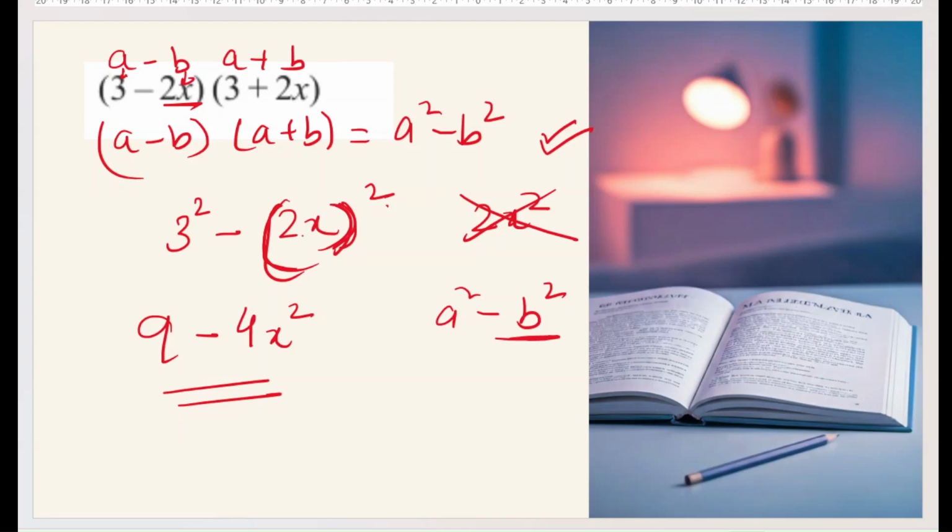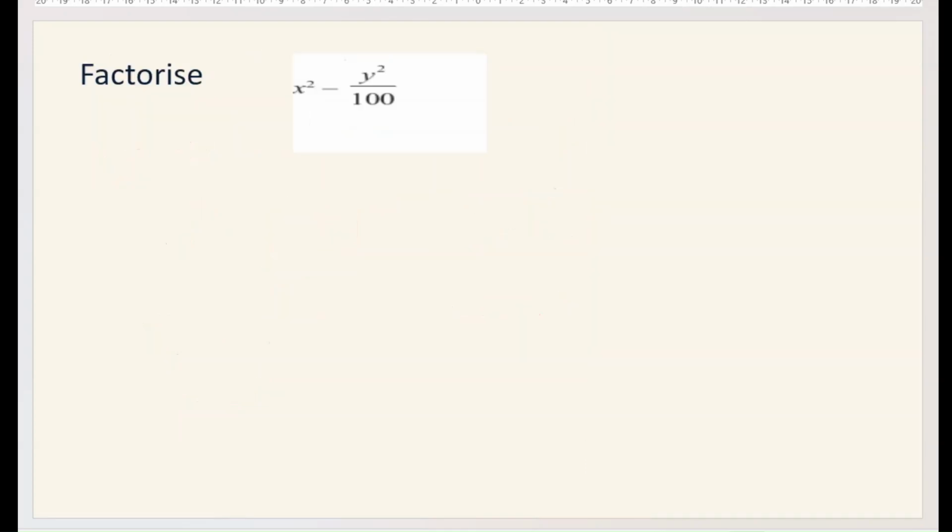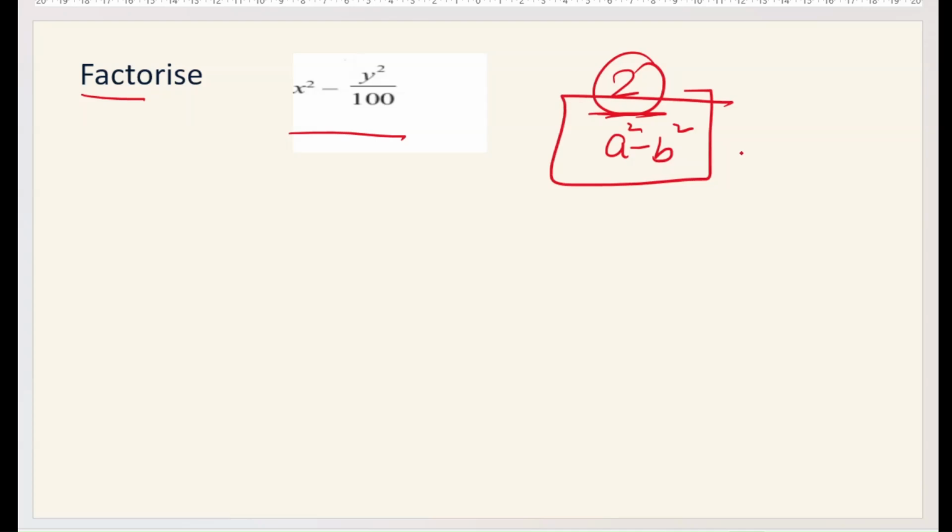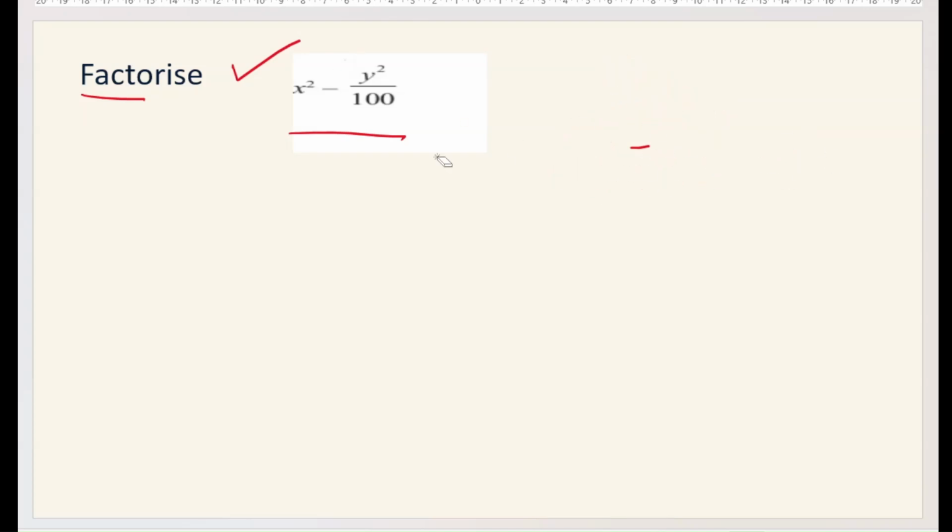Okay. Next question. x square minus y square upon 100. Now, I am saying it again and again: whenever you see a question of factorization, count the number of terms. How many terms do you have? 2. The identity which has 2 terms is a square minus b square. So, if you have 2 terms, only this identity is going to work. No other identity is going to work. When you see 2 terms, the identity you will be using is a square minus b square, which is a minus b into a plus b.